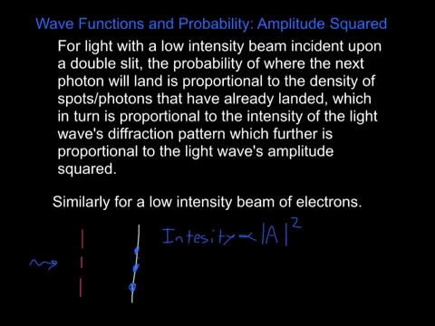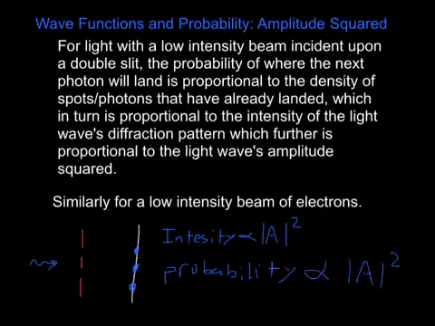In other words, it's proportional to the intensity of the spots, in a sense, or it's proportional to the amplitude squared. So ultimately, we had talked about this equation where we can write that probability is proportional to the amplitude squared.